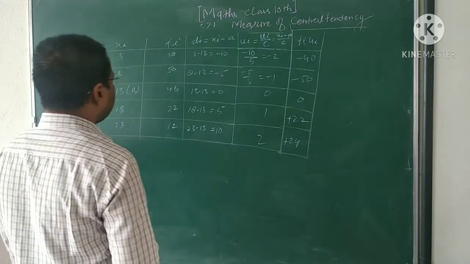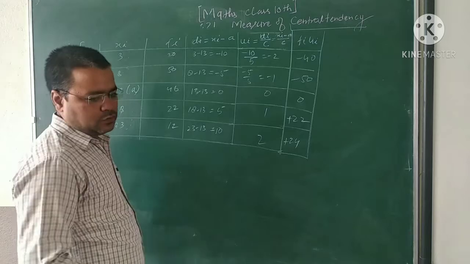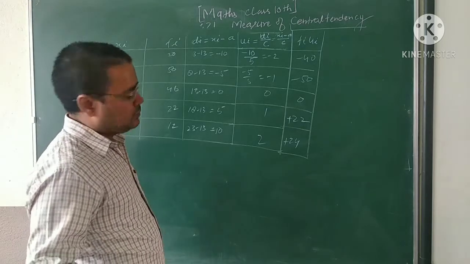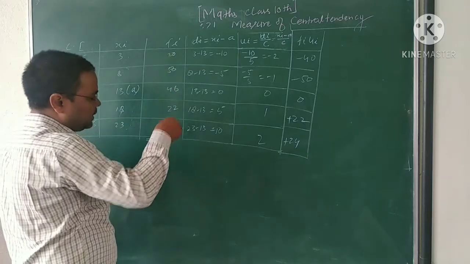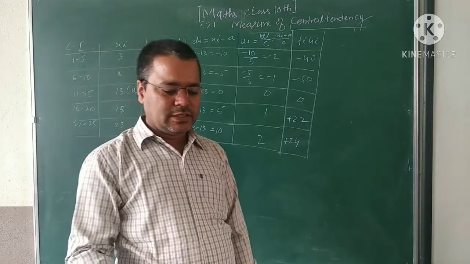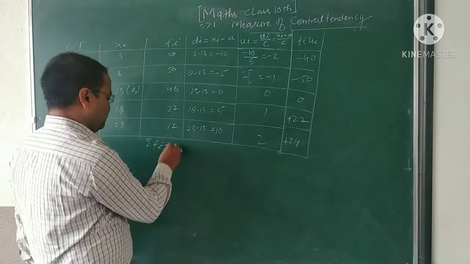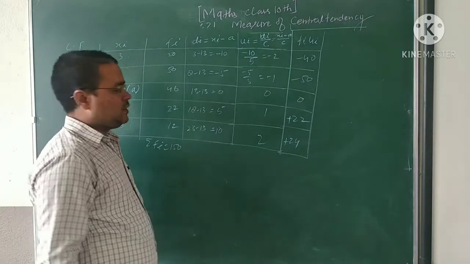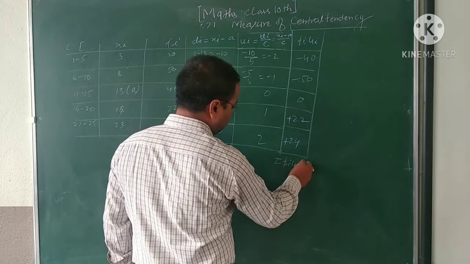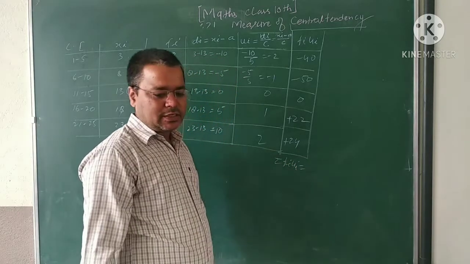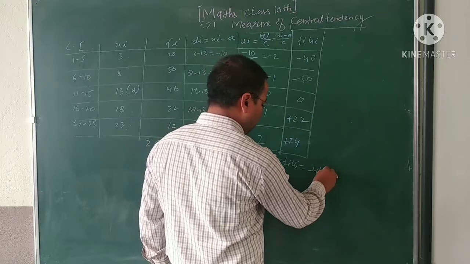Now what do we do? We just find the total value, that is sigma Fi. If we add, we find that its value will be 150. Similarly, we find sigma FiUi. Then we find that its value is minus 44.